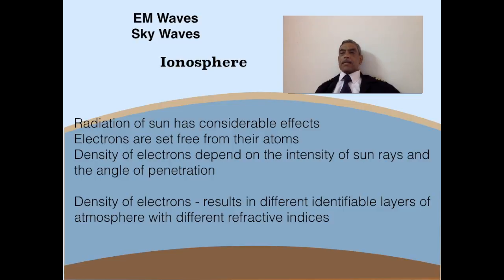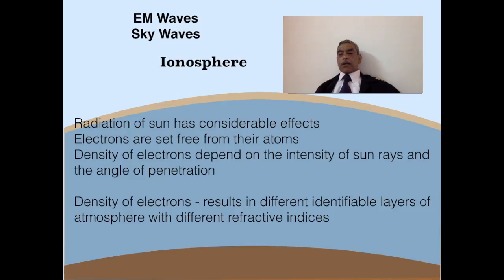The density of electrons depends on the intensity of the sun rays and the angle at which the sun rays penetrate. Obviously, by midday, it is penetrating in an almost perpendicular direction, and so the ionization, or the density of the electrons, is going to be much higher.